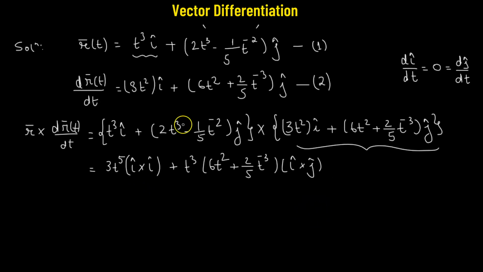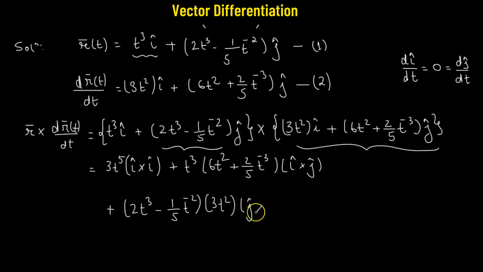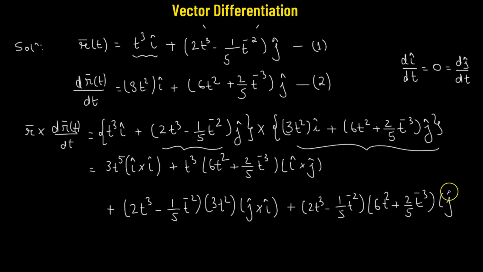Then next we will take this vector, 2t cubed minus 1/5 t raised to the power of negative 2, and multiply it to 3t squared, and we have the unit vector j crossed with i cap, plus 2t cubed minus 1/5 t raised to the power of negative 2 times 6t squared plus 2/5 t raised to the power of negative 3, and we have unit vector j crossed with unit vector j.